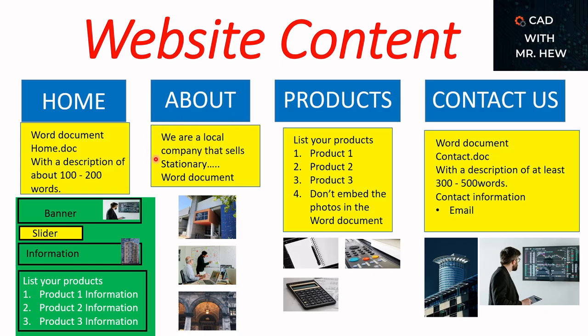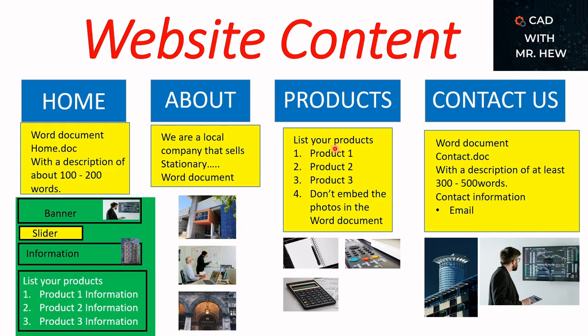Then we have the About page, for example, which would say we are a local company that sells stationery, and we could use a Microsoft Word document to set out our information in the planning stages of our website.